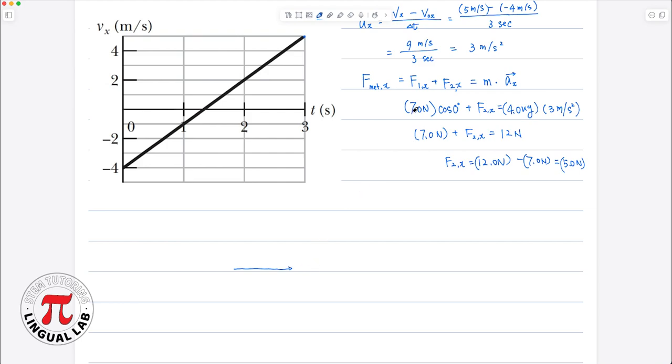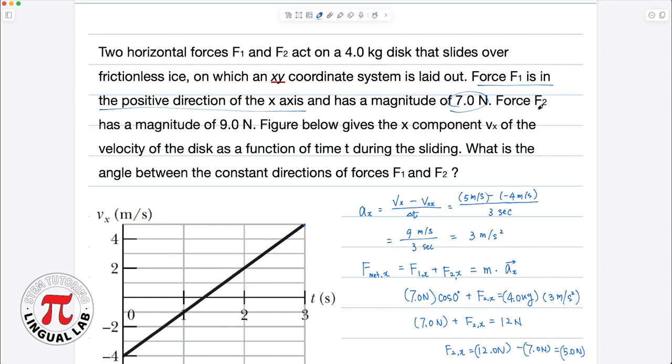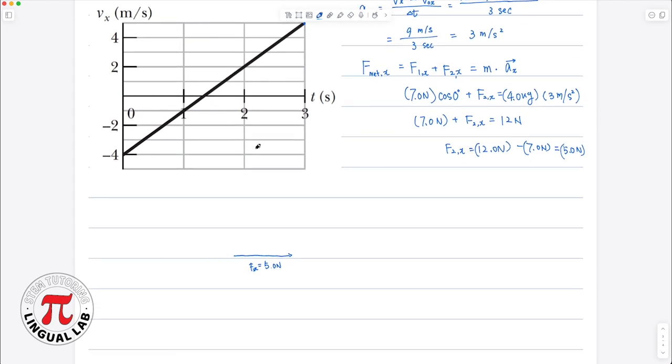We already have the x component of the second force, 5.0 Newton, and F2 has a magnitude of 9.0 Newton.